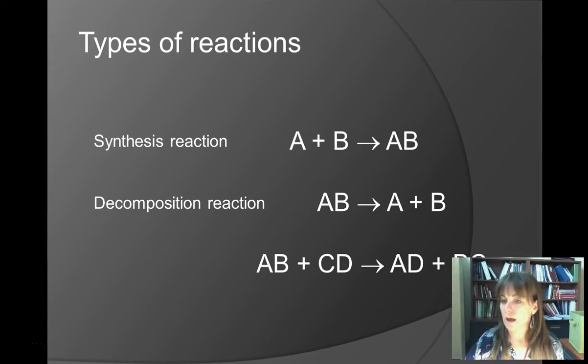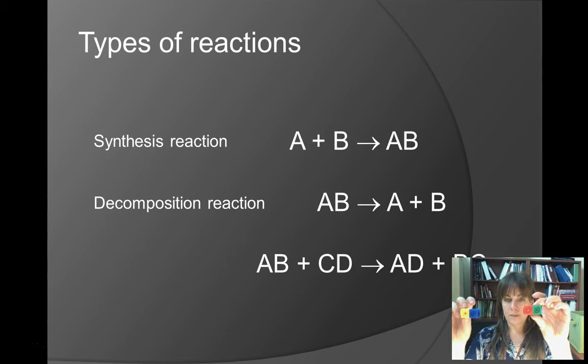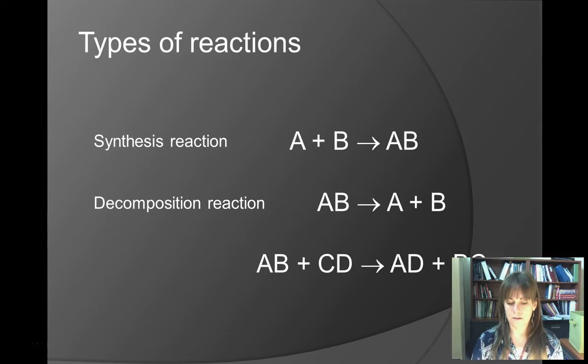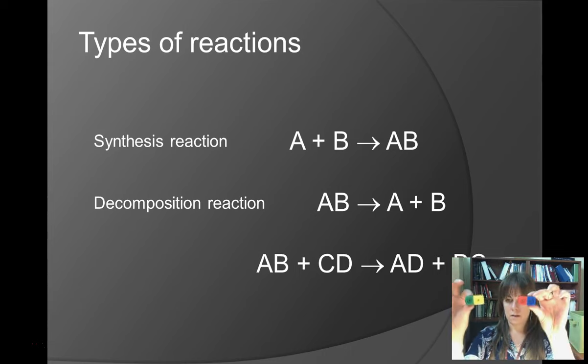So again, let me show you with my little building block tools here. Okay, here is AB that we've seen before, and so now we're going to add in CD. Okay, so these are our reactants. This is what we start with, and all we're doing now is we switched partners.